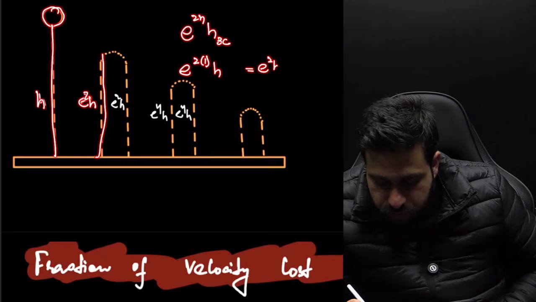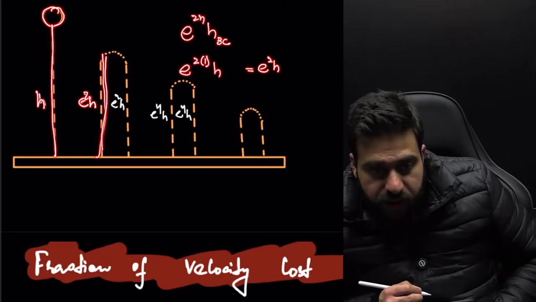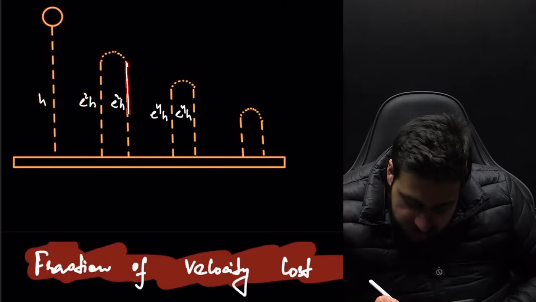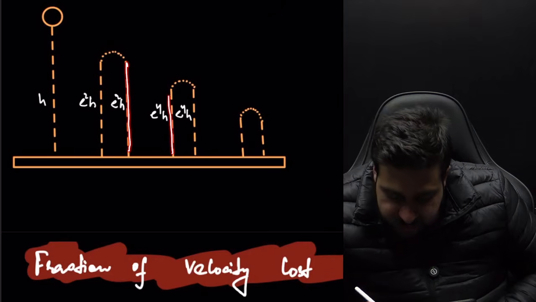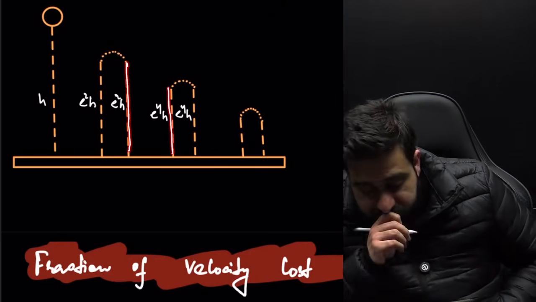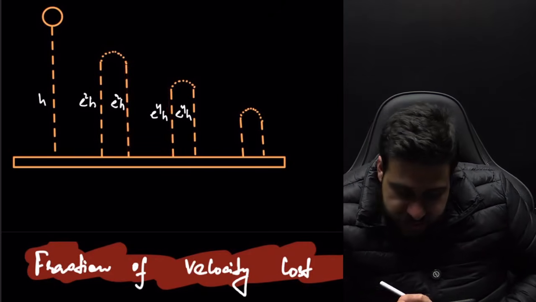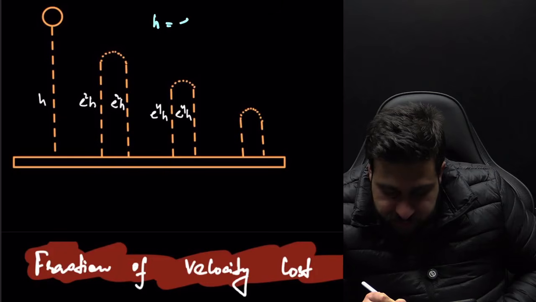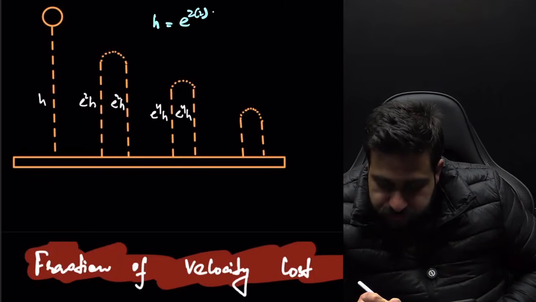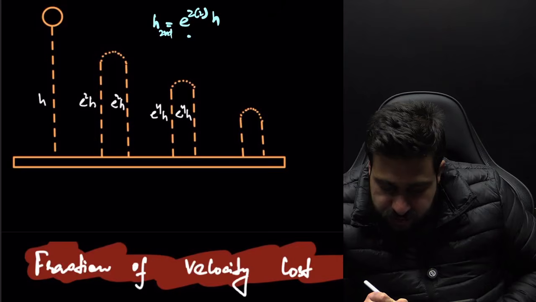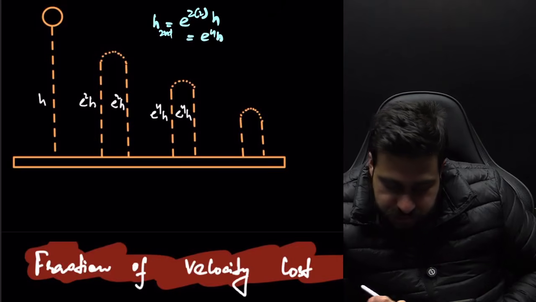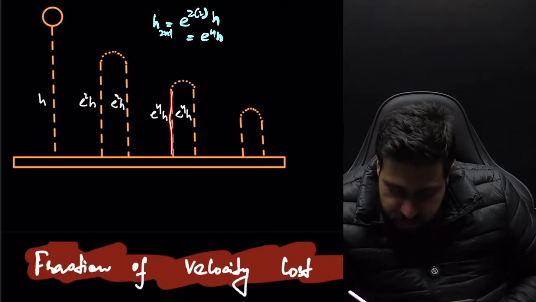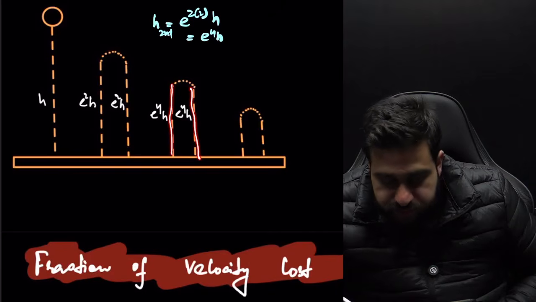So this height is E raised power 2h, and this height will also be E raised power 2h. Then height after second collision: n is 2, height before collision is h, so E raised power 4h. This will be E raised power 4h, E raised power 4h.